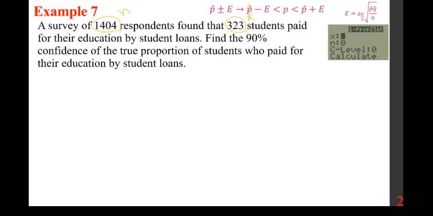Lowercase x. Out of 1,400, 323 students paid for their education by student loan, so that is x. And of course, this is your confidence level. So you're dealing with the binomial distribution because either you use the student loan, or you don't.